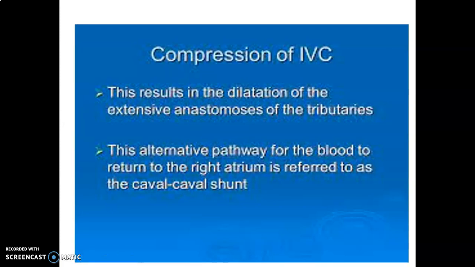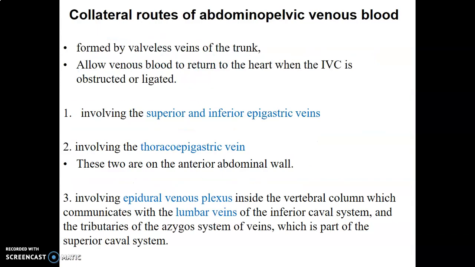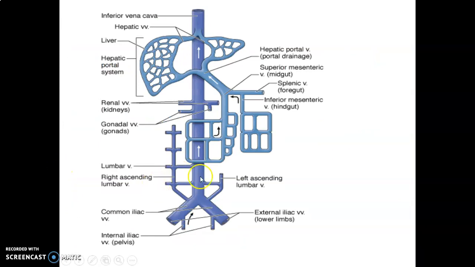So for example here, if you have an obstruction here, blood will come from the lower limb, but instead of passing through the inferior vena cava to go to the heart, it will use these branches of the tributaries of the inferior vena cava that will communicate with the tributaries of the superior vena cava, which will carry the blood through the superior vena cava into the heart. So you bypass the portion of the inferior vena cava that is obstructed.